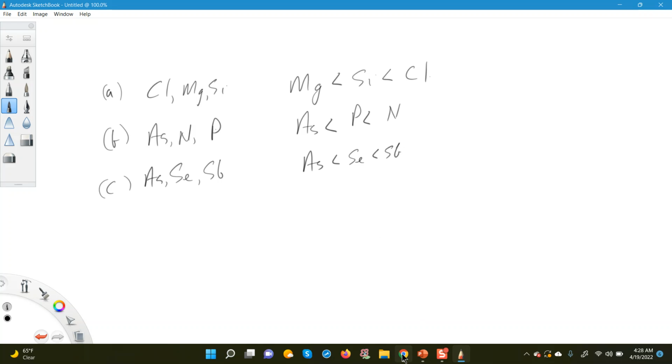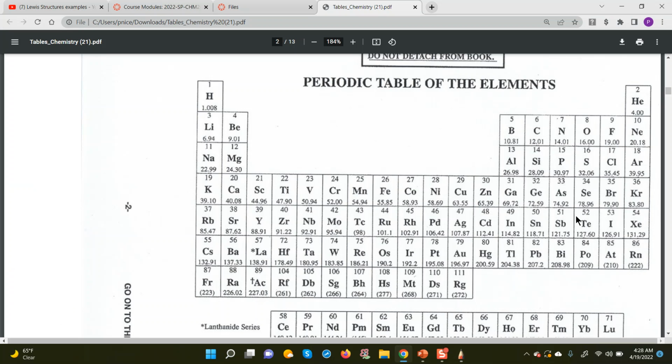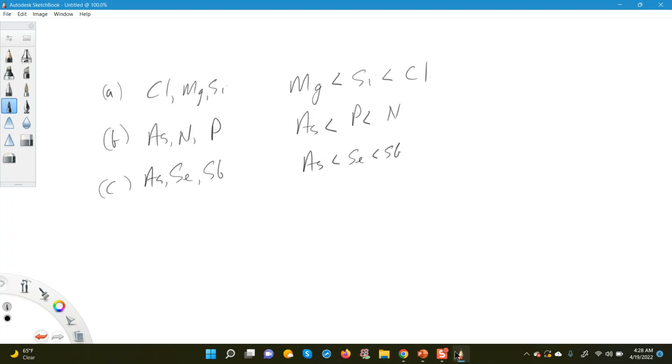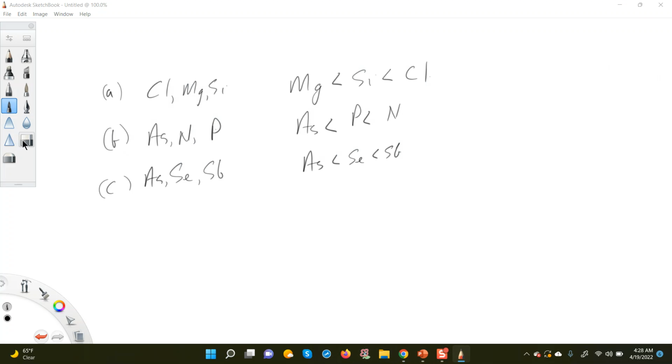Let me just check something here just to be sure. Actually, antimony would be the least electronegative. I'm sorry. Let me erase this here.